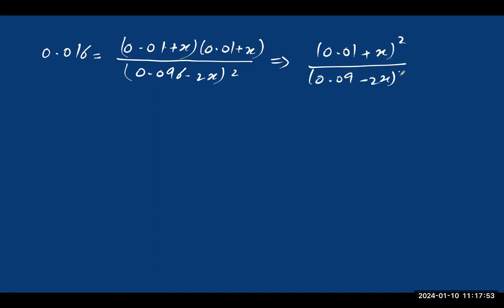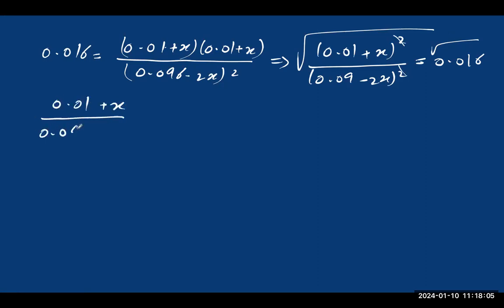Now I will take the square root to remove this exponent, so it will be 0.01 plus x over 0.096 minus 2x equals the square root of 0.016, which is 0.126. Now we need to solve this equation.